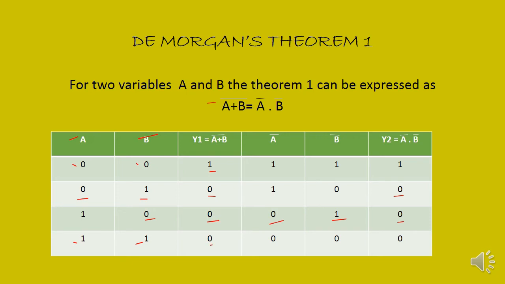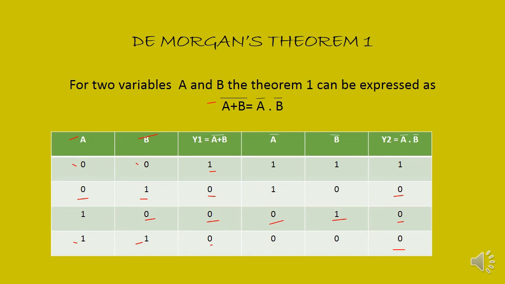A is 1 so A bar is 0, B is 1 so B bar is 0, so 0 dot 0 we get 0 output. So this is the overall truth table of the first law of De Morgan's theorem. Here we saw Y1 is 1 for the 0 0 condition and Y2 is also 1 for the 0 0 condition. The rest of the combinations are 0.